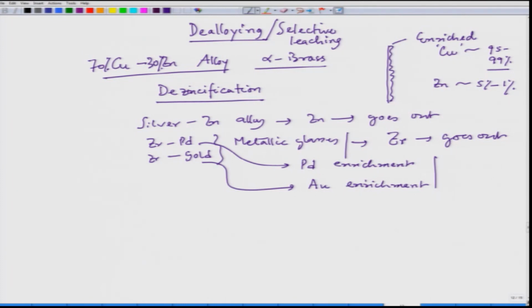This dealloying is not good for some situations like brass. If we have a water pipeline designed for carrying potable water, drinking water, the inner wall of the pipeline can experience dezincification, and the copper enrichment happens.